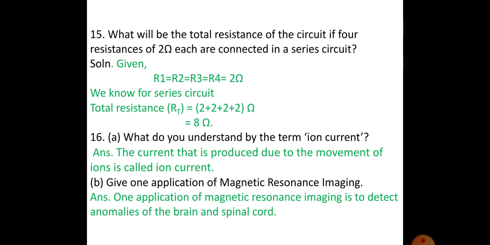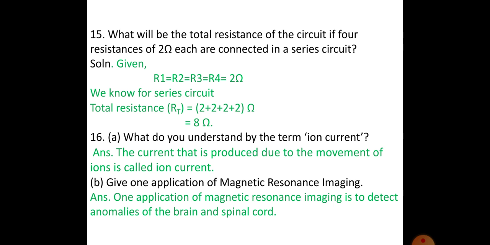Now numerical. What will be the resistance in the circuit if 4 resistors of 2 ohm each are connected in a series circuit? There are 4 resistors, and the resistance of each resistor is 2 ohm, connected in series.